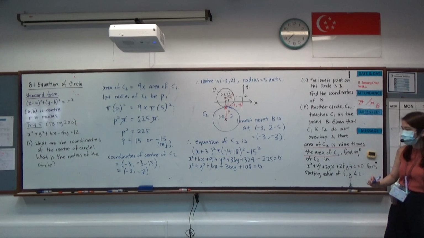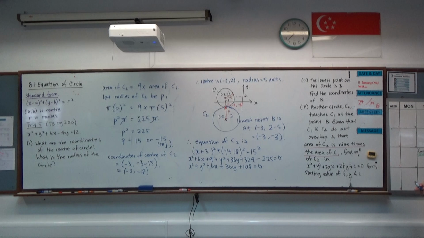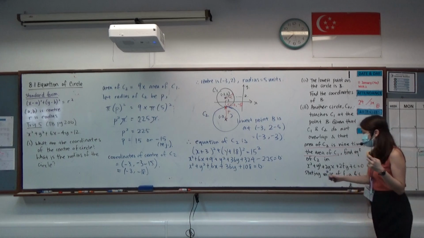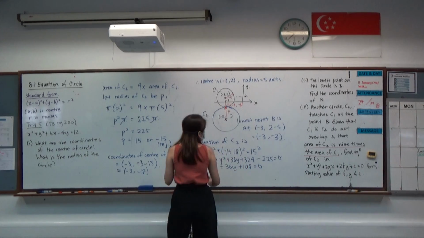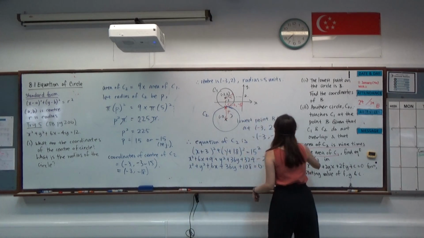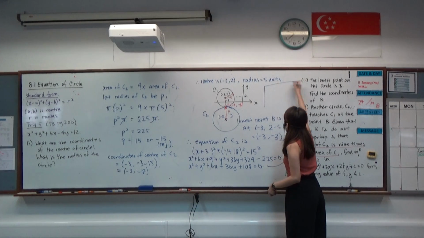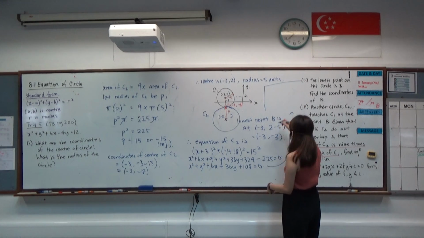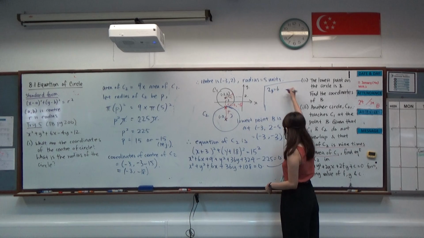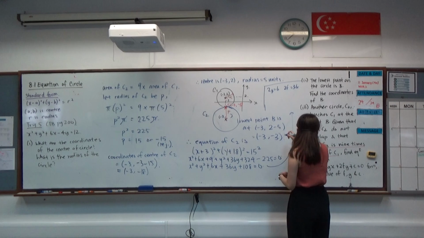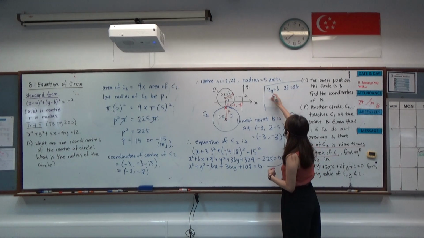So we have x squared plus y squared plus 6x plus 36y plus 108 equals 0. But the question wants you to state what is f, g, and c. So compare. Let me just write it here. So 2g is equal to 6. 2f equals 36. C equals 108.